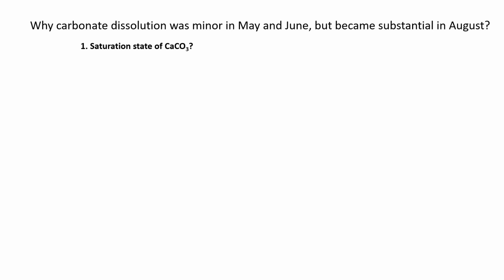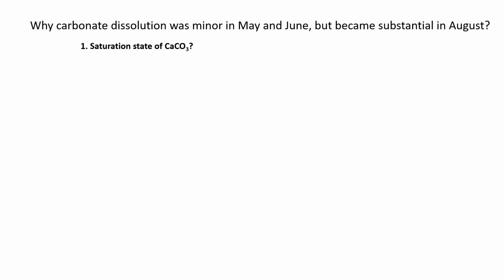When omega equals 1, carbonate minerals are in equilibrium with the ambient water. When omega is less than 1, carbonate dissolution is favored. Is it possible that omega switched from larger than 1 in June to less than 1 in August?